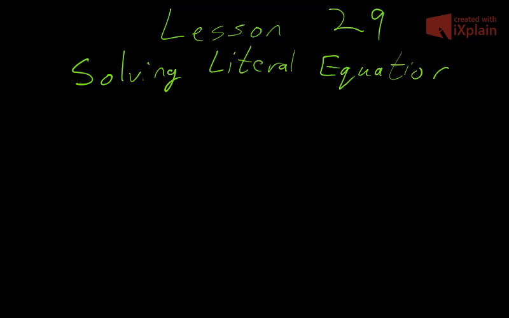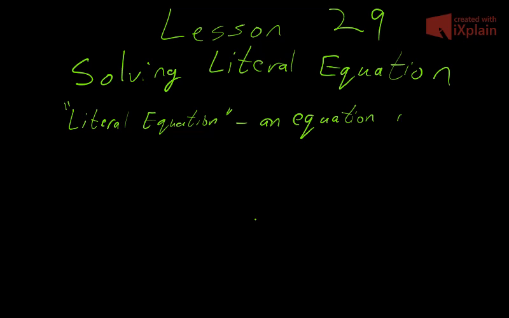So what a literal equation is, just so you know, before you start solving, it'd be nice to know what they are. A literal equation is going to be an equation with more than one variable.